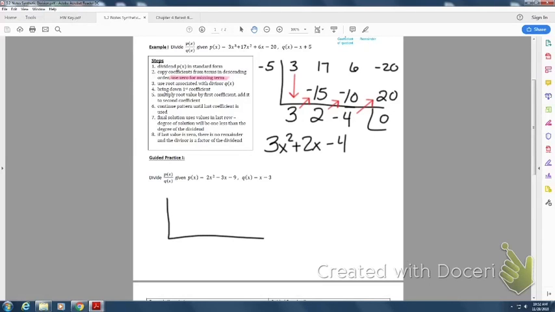So first thing I'm going to do, and do not forget to do this, the very first thing before you write anything, look at your dividend, make sure that you're not missing a term. Again, this one is not missing a term, so the coefficients I got there are 2, -3, and -9. And then my divisor, that's going to give me 3 right there.